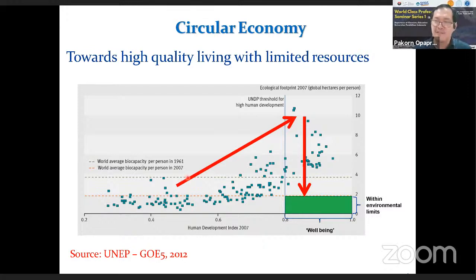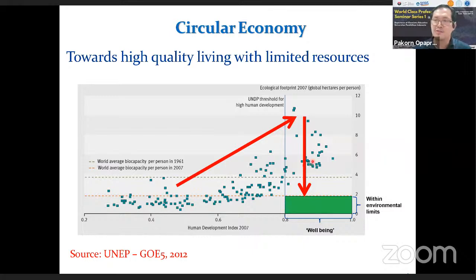This is the average value. And you can see that because of this, people use a very high amount of resources in order to develop the country or live comfortably.